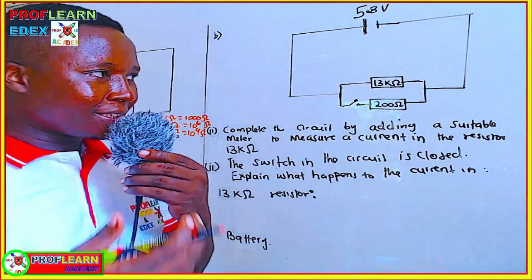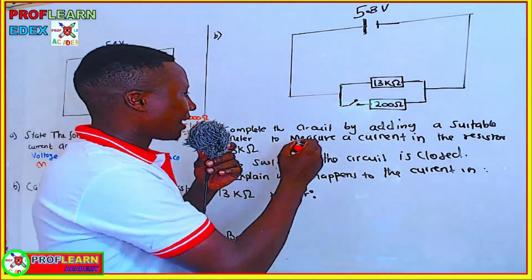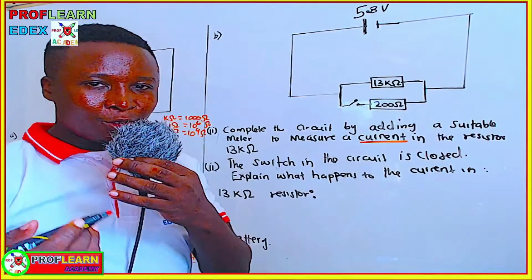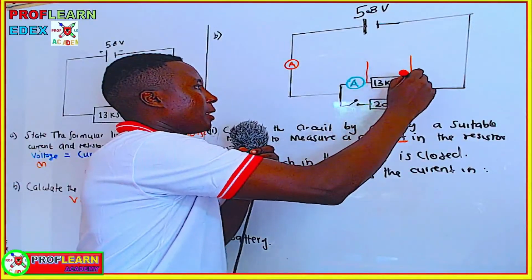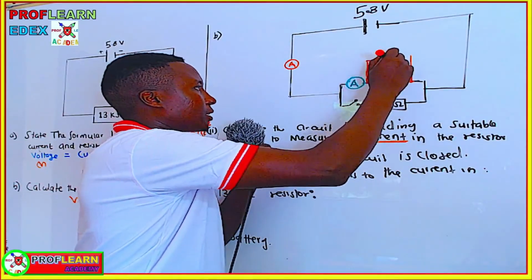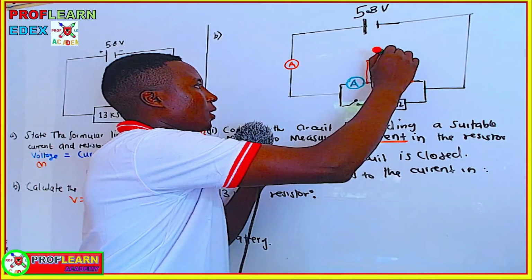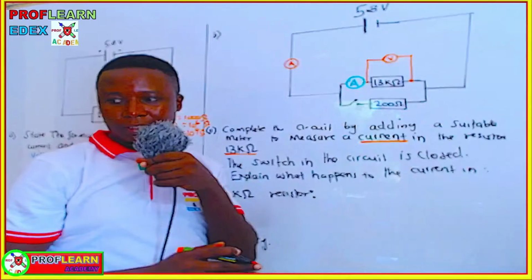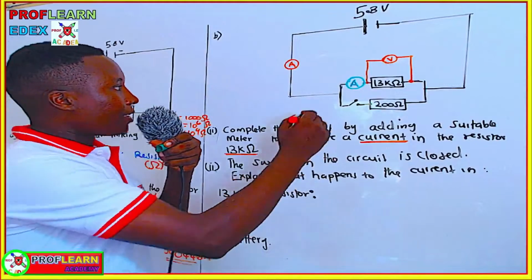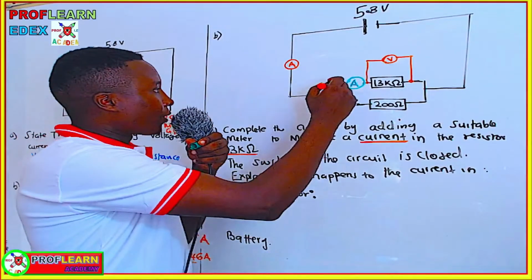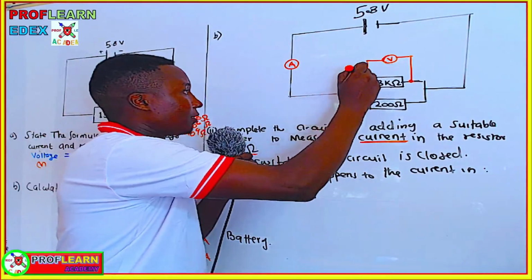Remember, a suitable meter in this case, we are measuring current. So current is measured using an ammeter in series with the component. If we said voltmeter, we were supposed to add it in parallel at that point. So the correct answer for our question in this regard is actually this one.